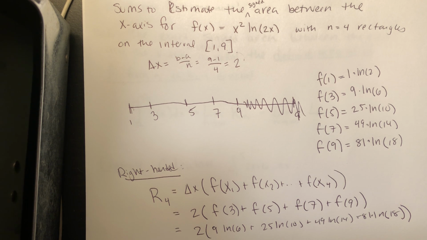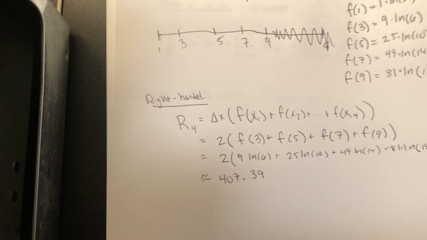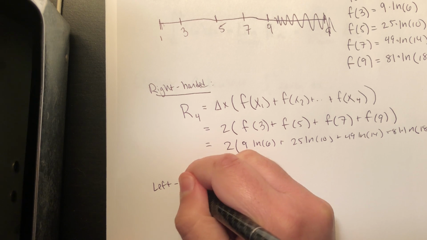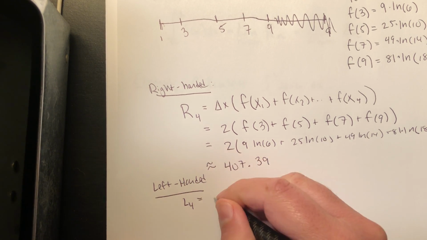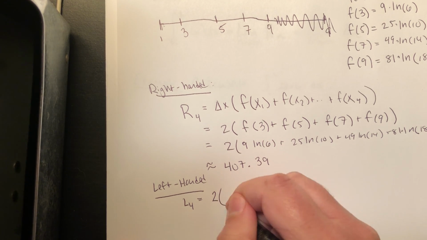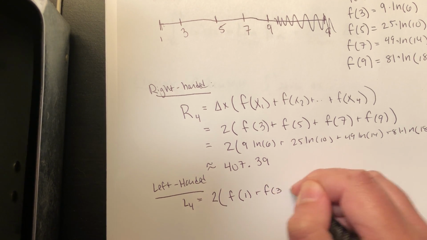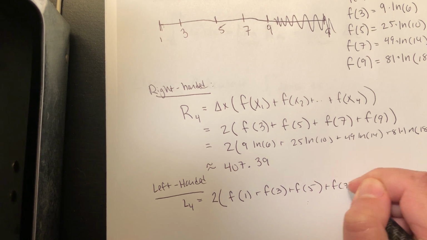Okay. And for the left-handed Riemann sums, we're doing almost the same thing, but we're using the left endpoint of our interval. So L sub 4 would give us, again, that same delta x on the outside, which is 2, but this time we'll do f of 1 plus f of 3 plus f of 5 plus f of 7.